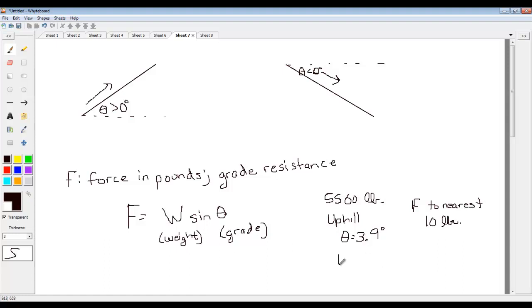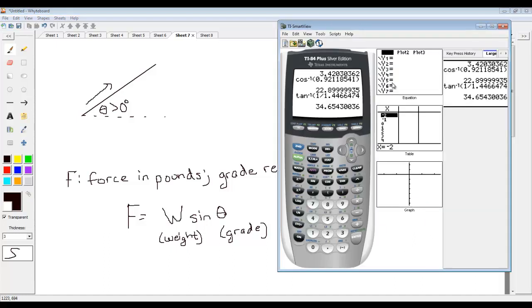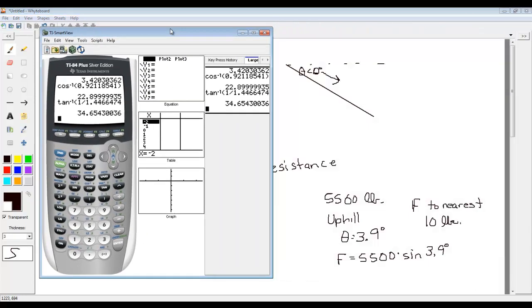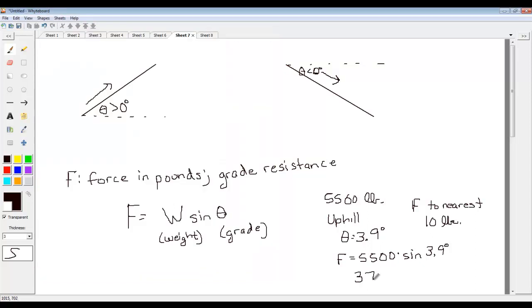Okay, so you have your formula. Force equals the weight, the 5,500, times the sine of 3.9 degrees. Pull up my calculator. You do 5,500 times the sine of 3.9, and I get that. It said to the nearest 10 pounds, so you can say this is 370 pounds of force.